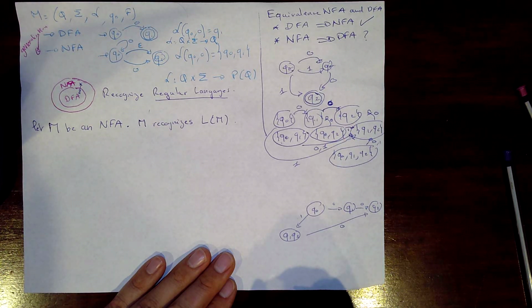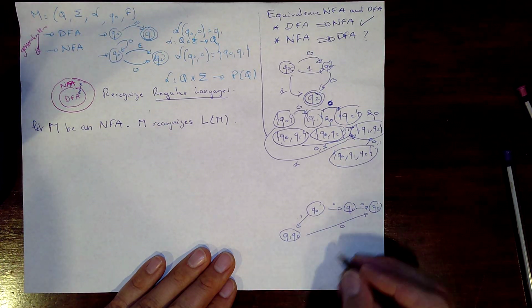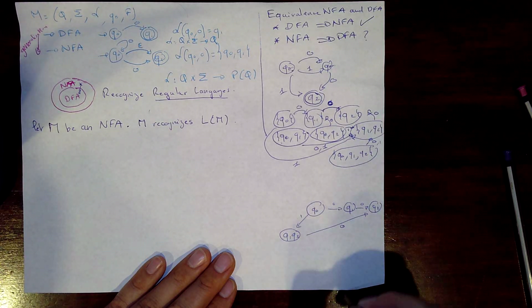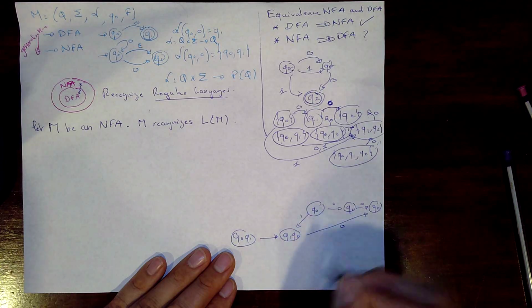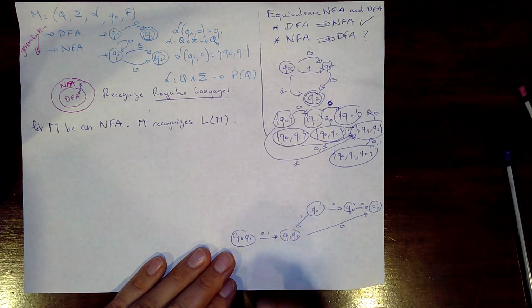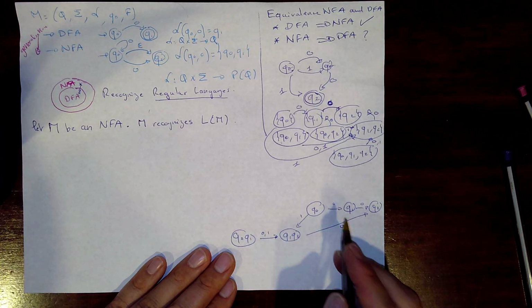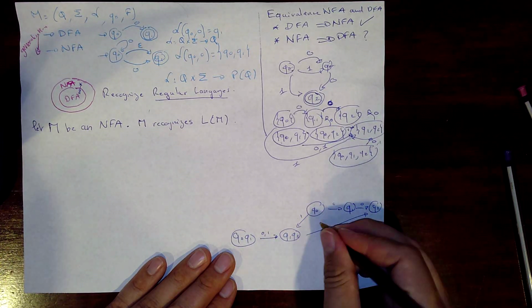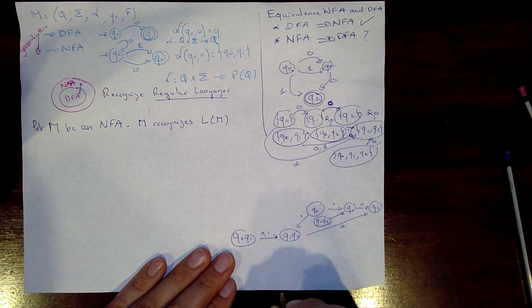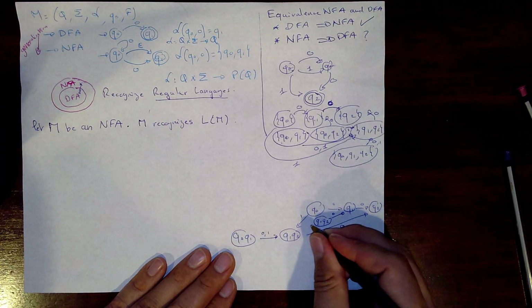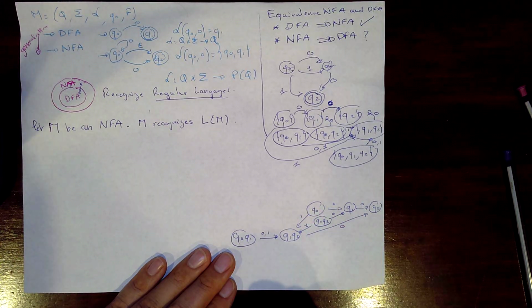And now Q0, Q1 goes to Q1, Q2 with 0 or 1. And Q0, Q2 goes either to Q1 with 0 or to Q1, Q2 with 1.